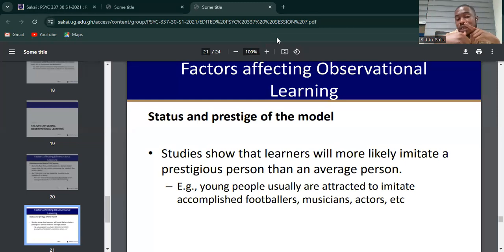The reason is that he is of higher status and prestige, let me put it that way, than myself. Do you get the thing? So the status of the person even makes you pay extra attention to the process.